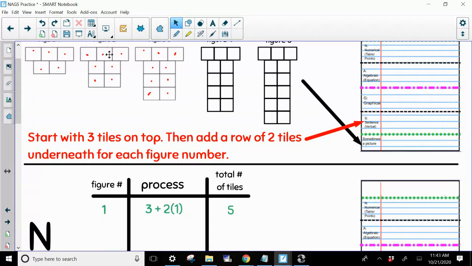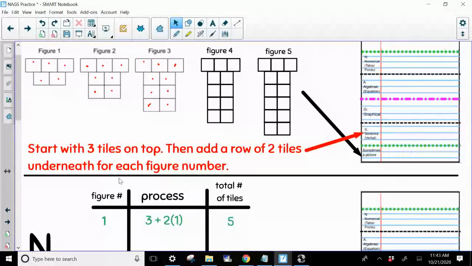In figure 2, we'll write our figure 2, we have 3 tiles and 2 rows. So the number of rows beneath is basically what's going to go in parentheses, or we're going to call that your figure number 2. So figure 1, the number 1 goes here.